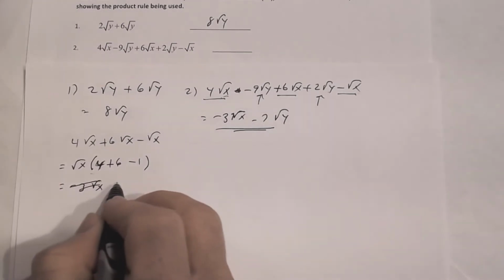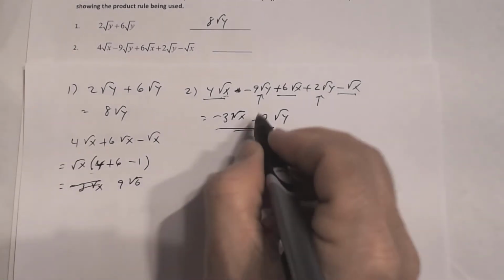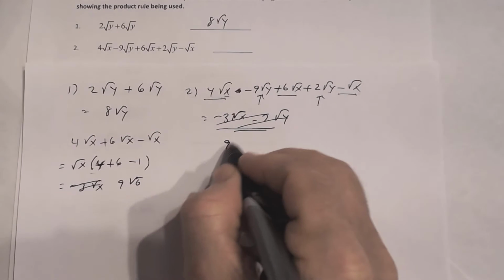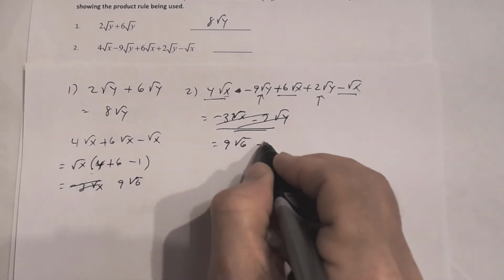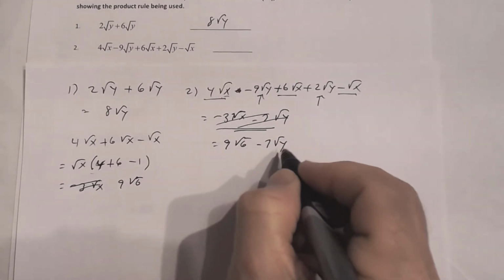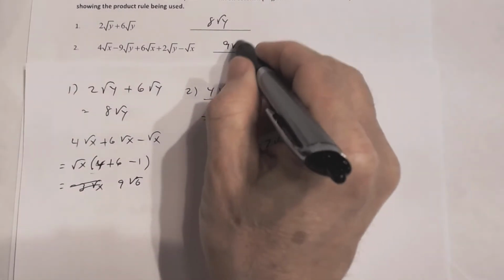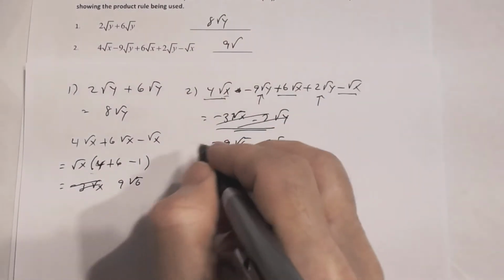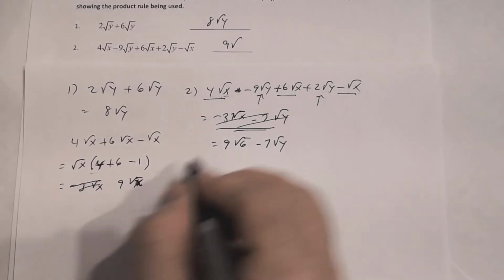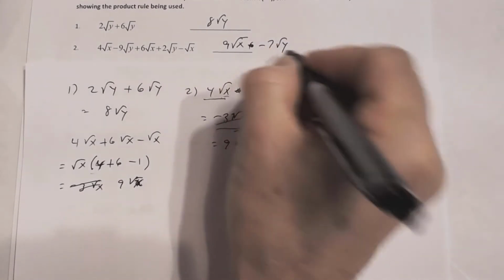So that's going to be 9 square root of x minus 7 square root of y. So that's correct: 9 square root of x minus 7 square root of y.